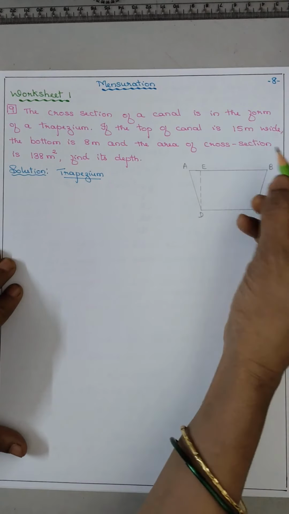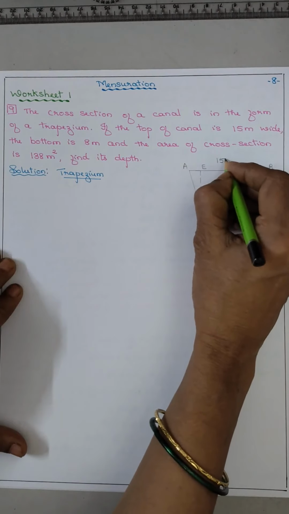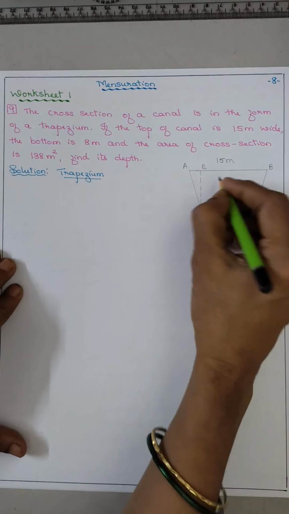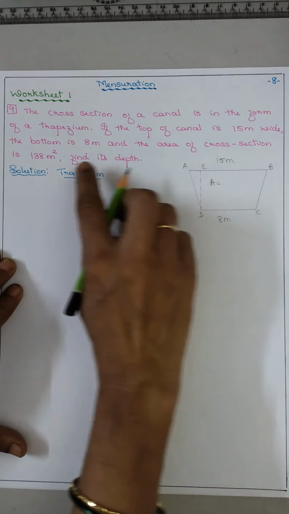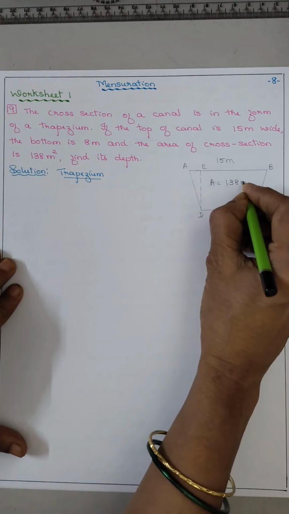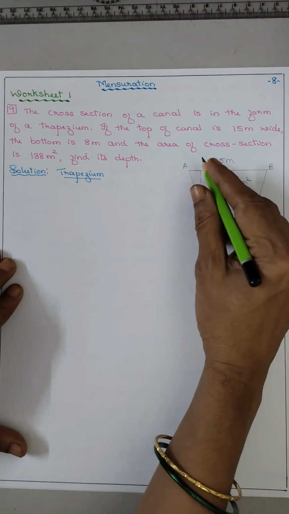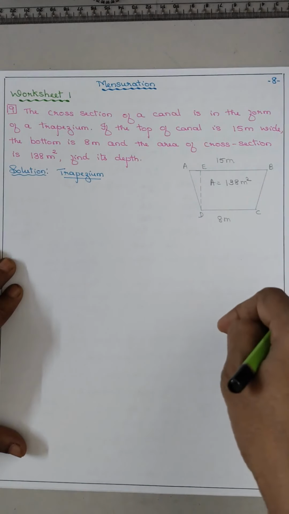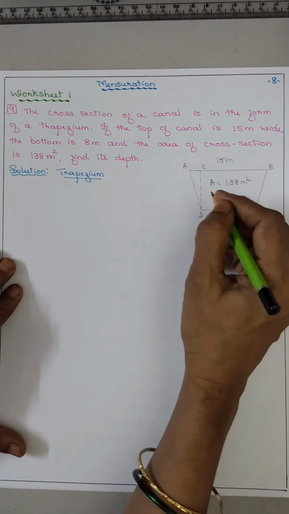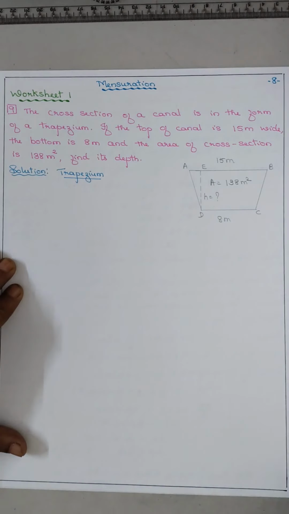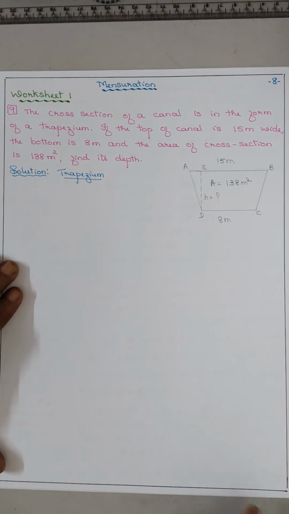So the top is 15 meter and bottom is 8 meter and the area of the cross section is 138 meter square. Find the depth. देखो पानी में नीचे कितना है तो तभी हम डेप्थ बोलते हैं, but it is the height. With respect to the trapezium, we have to find out the height.